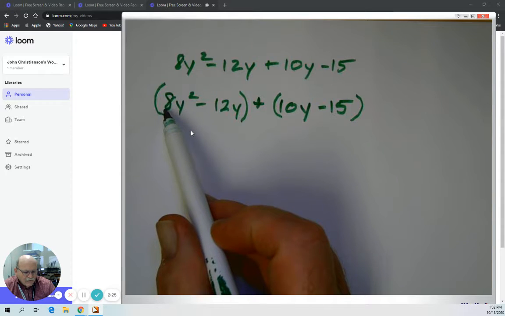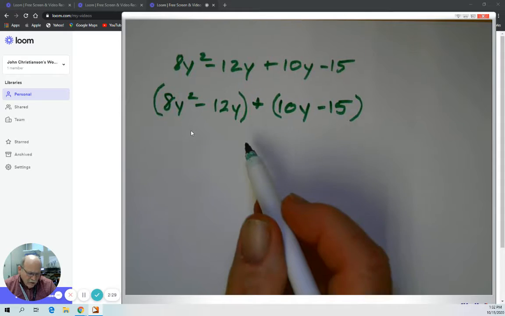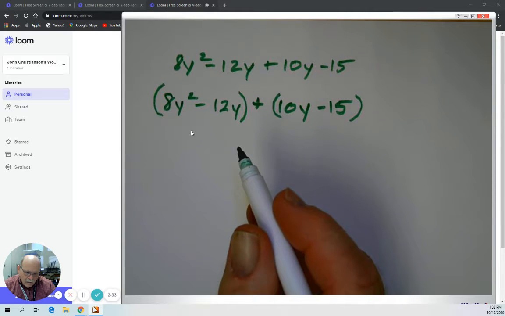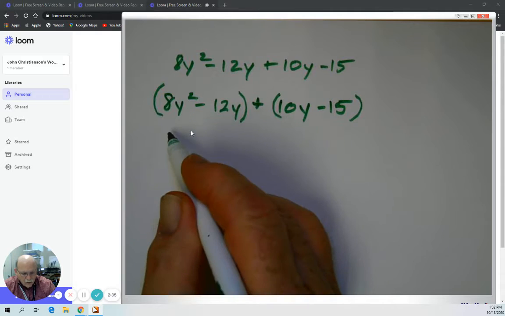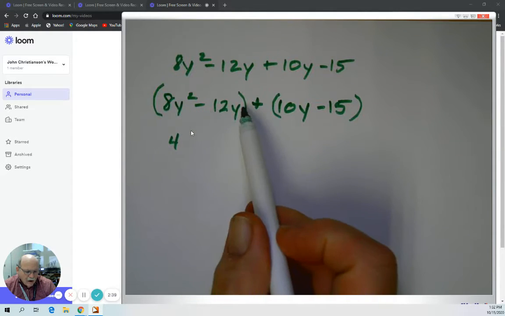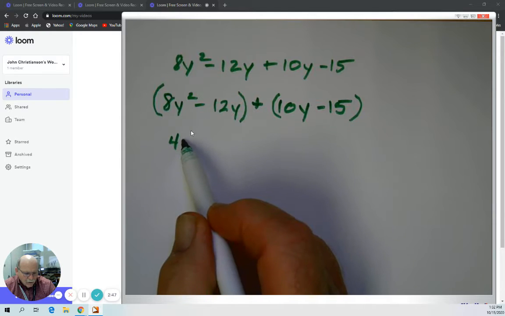So first of all, the common factors between 8 and 12 are 2 and 4, right? And 1, of course. So we're going to say 4. And for y and y squared, you always take the variable with the smallest exponent. This says y to the first, so it's y.